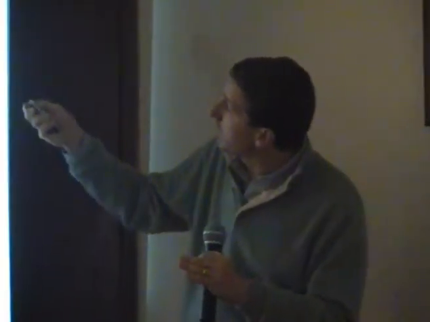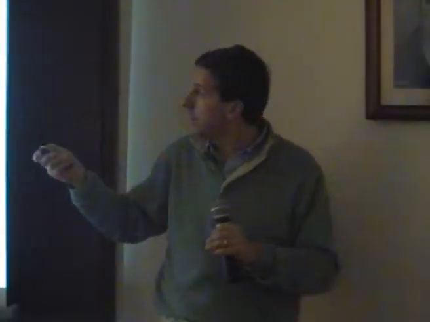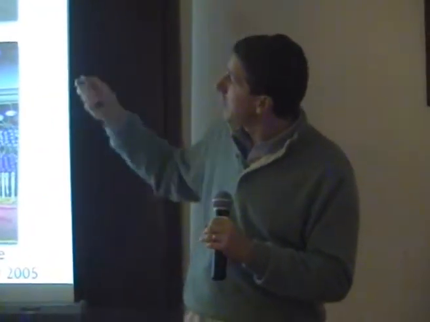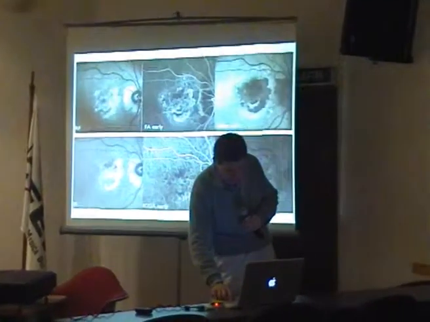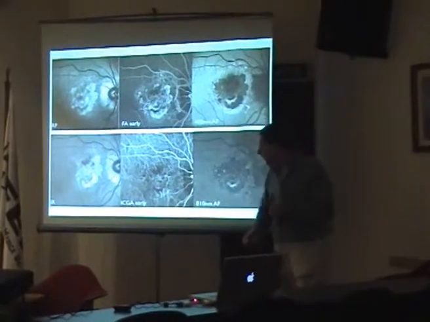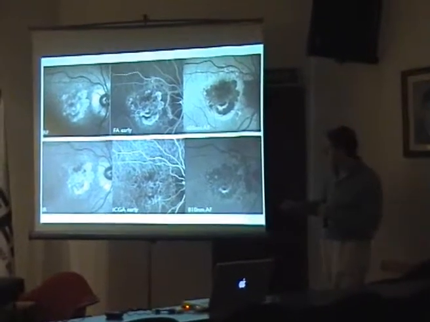So this is why you have an increased autofluorescence in the near infrared, but decreased in the other area. And we'll show you some examples of the near infrared autofluorescence.